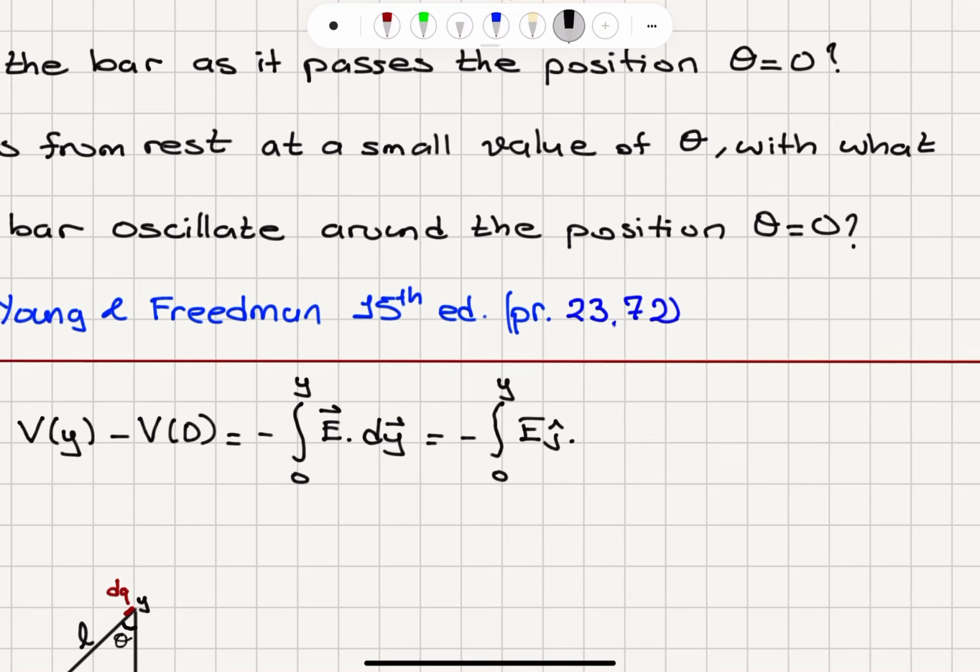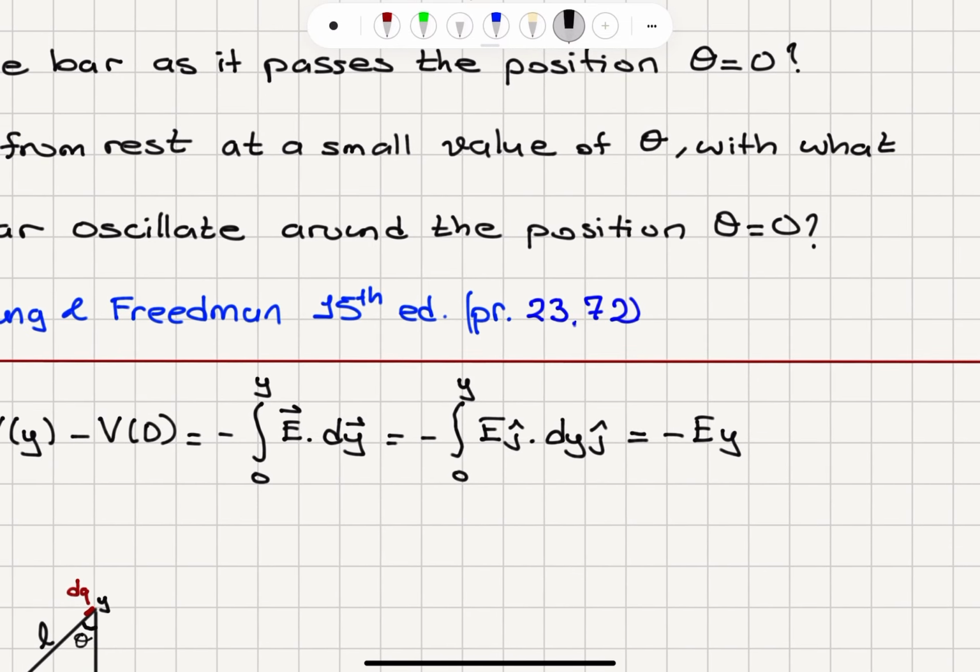For dy, I substitute the dy vector, which is dy in the j hat direction. J hat dot j hat is 1, so this gives me minus E times dy. dy integrated from 0 to y gives just y, so this is minus E times y, and I know that the potential at y equal to 0 was given to me as V0.